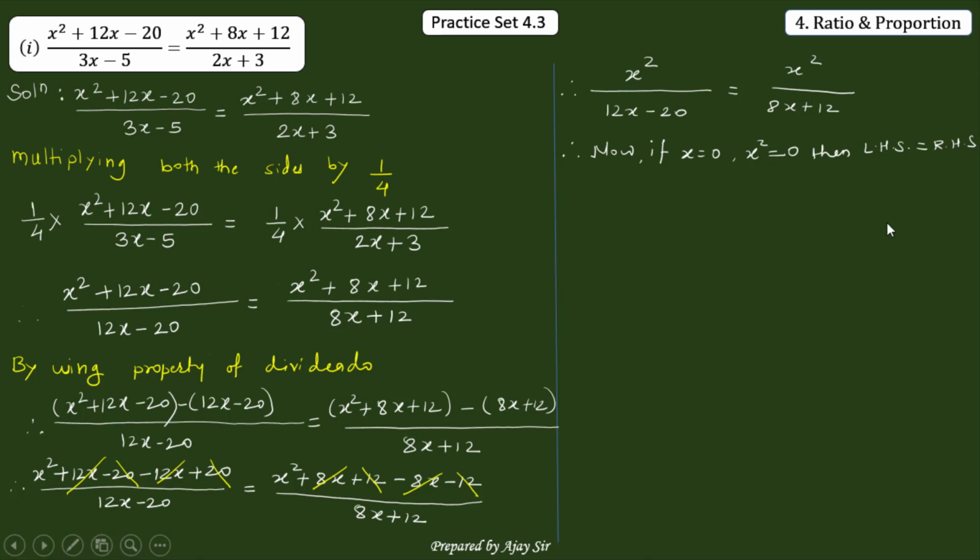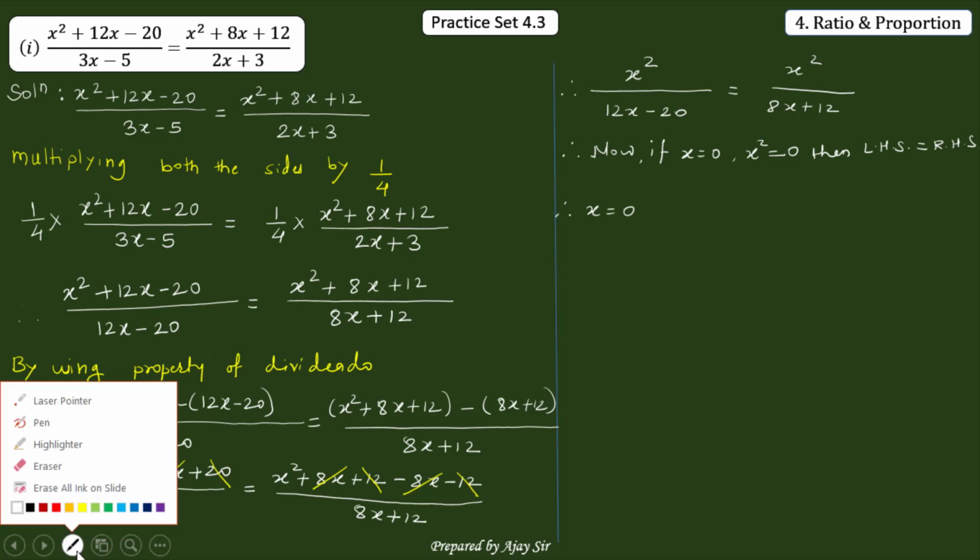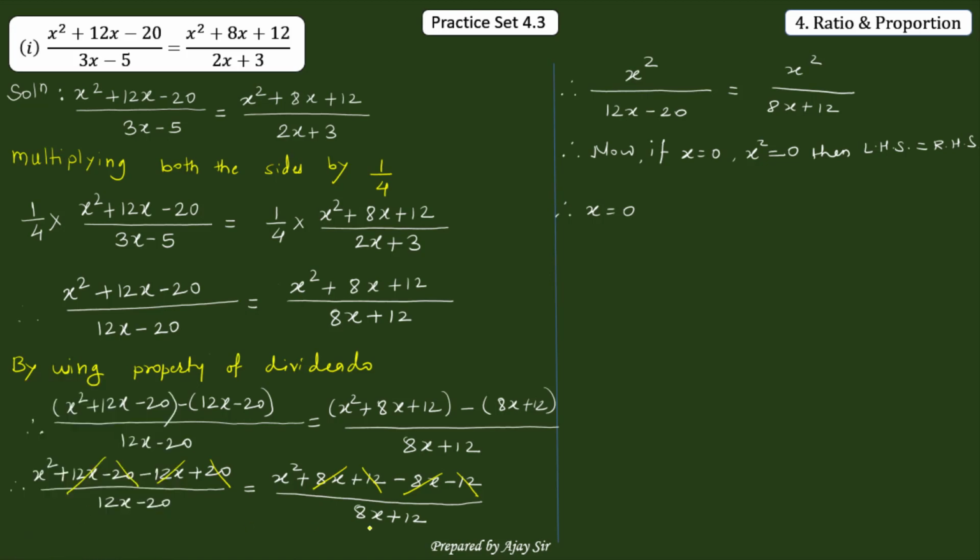Means from this we know that x is equal to 0 is one of the solution of the given equation. Means here we can write this in bracket. So this is one of the solution.